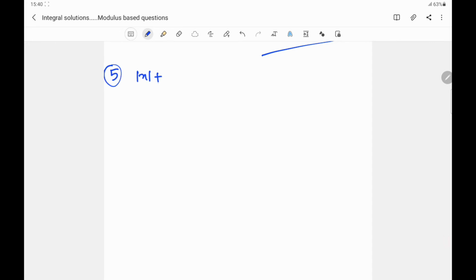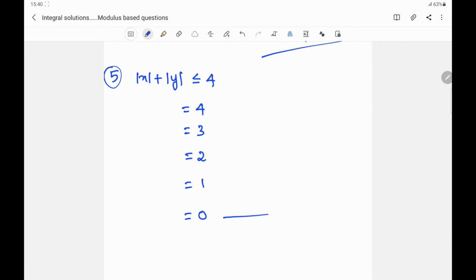That means here we need to take 4 as well, we need to take 3, 2, 1, and 0. When it is 0, there is only one integral solution. Here there are 4, here there are 8, here 12, and here 16. We need to add all these.